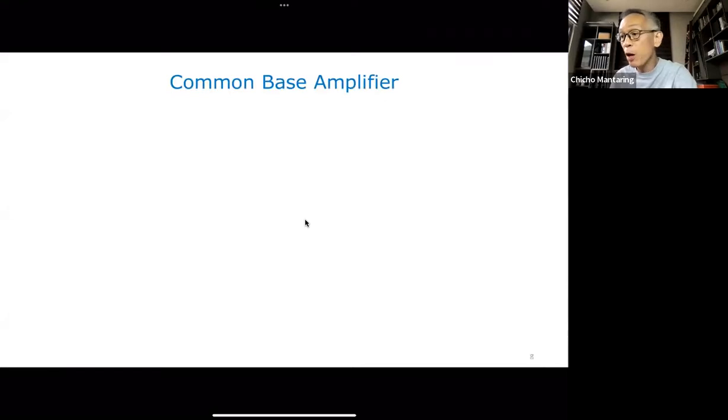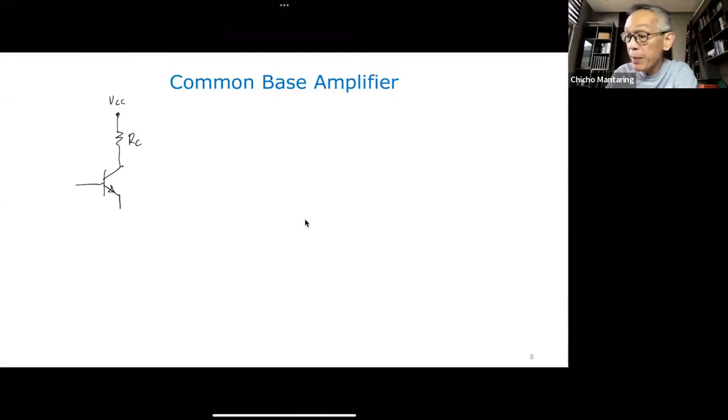Let's now go to the common base amplifier. Let me draw again a very simple common base amplifier. What did we say? We said that the base was going to be our reference, the emitter is going to be the input, and the collector is going to be the output. So we'll have VCC. Let's call this RC.